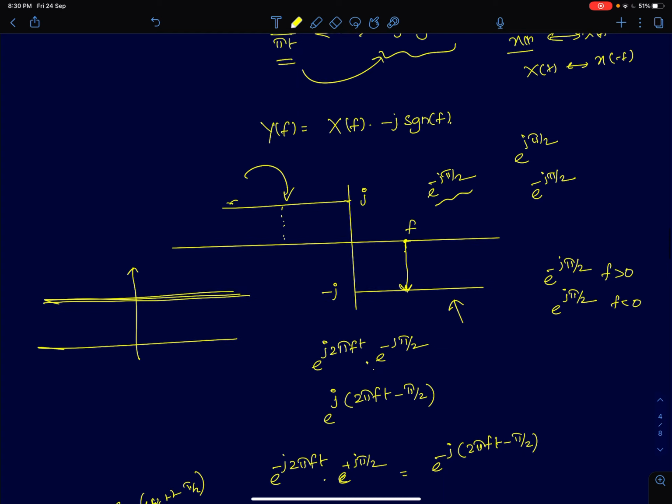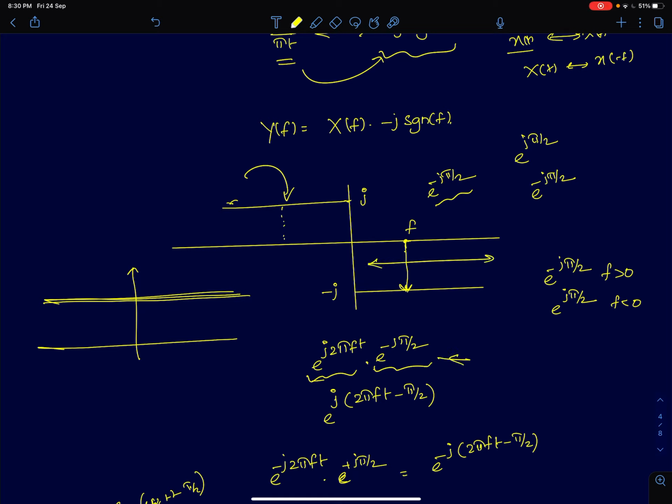If I take a positive frequency sinusoid of frequency f, I can simply multiply it by the frequency response evaluated at that frequency. This is from the simple theory of frequency response. Since it's a single frequency sinusoid, I can do that. And here it's the same for all positive frequencies, so I'll write it as e power minus j pi by 2.